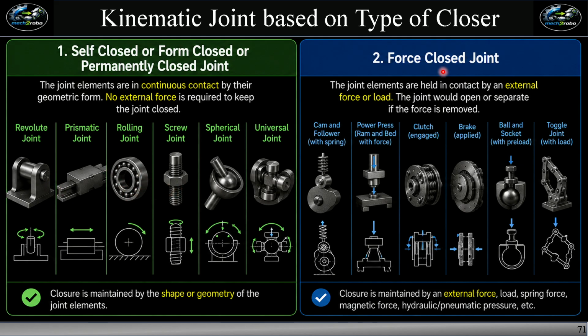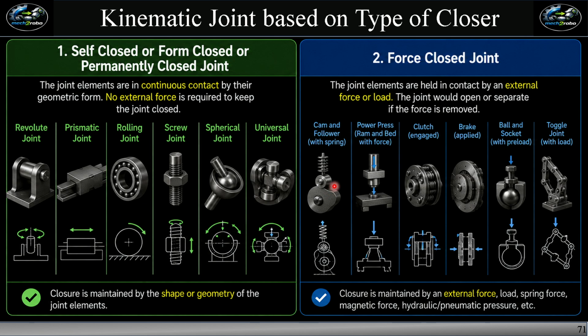In force closed joint, the joint elements are held in contact by external force or load. The joint would open or separate if the force is removed. Example is cam and follower, and the force is applied by this spring. If we remove this spring, then both elements separate from each other. Their contact is opened.